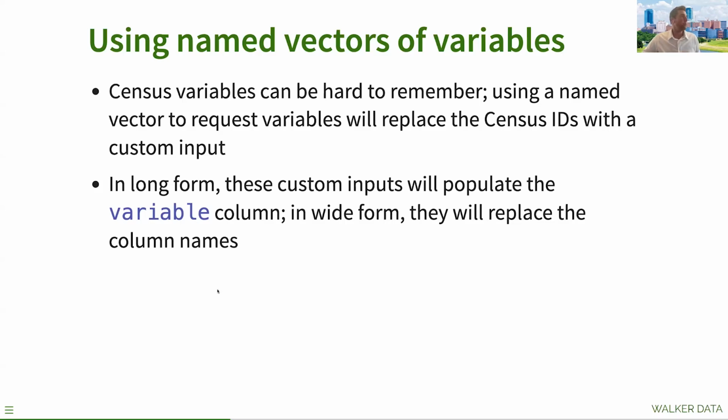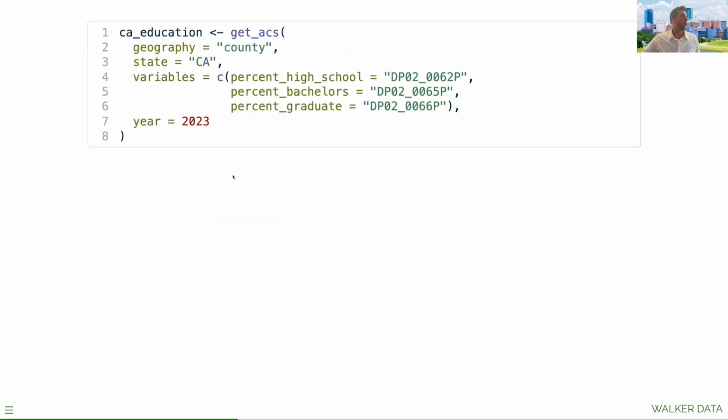And so jumping over here, I'll show you how that works. Let's say I want educational attainment percentages from the data profile in California. I can specify geography equals county, state equals California, and then I specify a vector, and you make a vector with the c function.